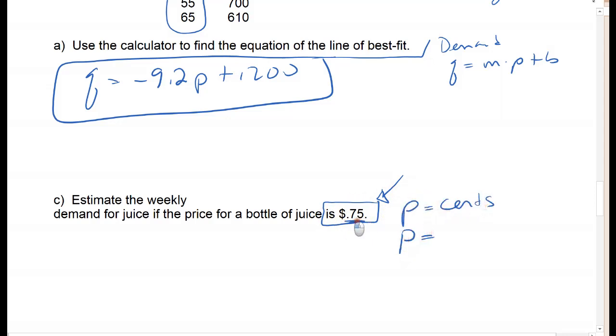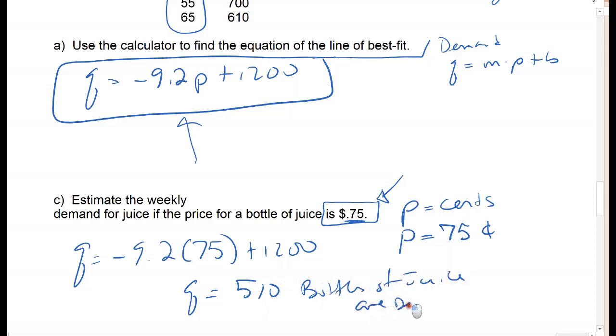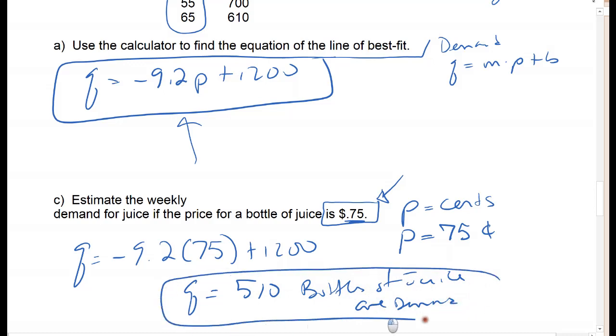And so you don't want to plug in 0.75, you want to plug in 75 cents. And that's what you're going to plug into the equation. So you're going to find the number of bottles of juice at 75 cents. So you plug that carefully in, and it comes out 510 bottles of juice are demanded at 75 cents.